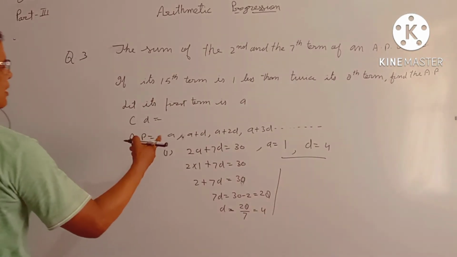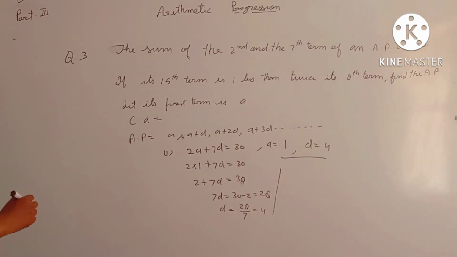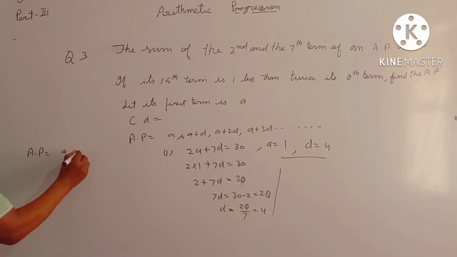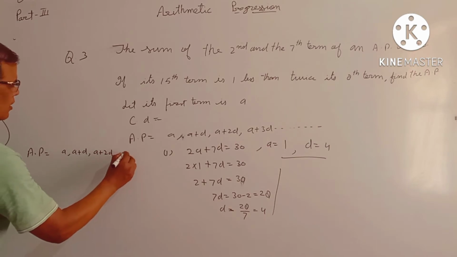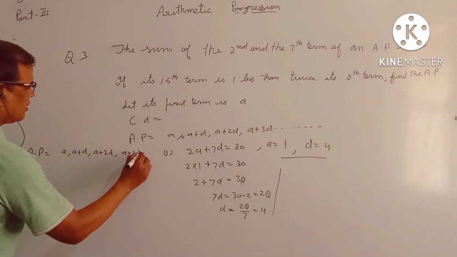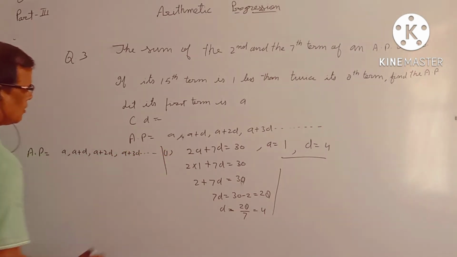As we have written, the AP has first term A, then A plus D, A plus 2D, A plus 3D, and so on.